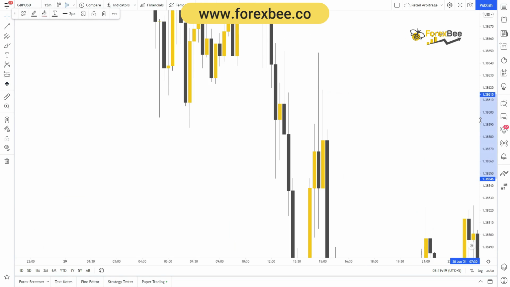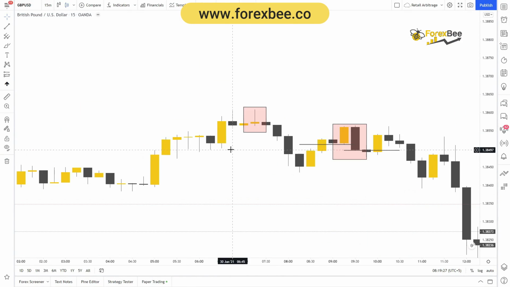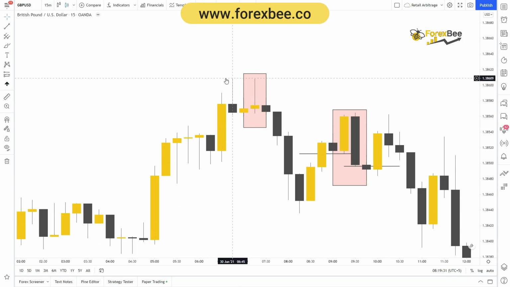Let me show you again. This pin bar is formed by 3 candles at the 5-minute time frame, in which 2 candles are bullish and 1 candle is bearish, which shows us the price rejection coming at this level.